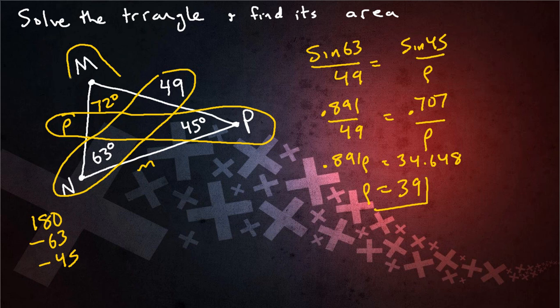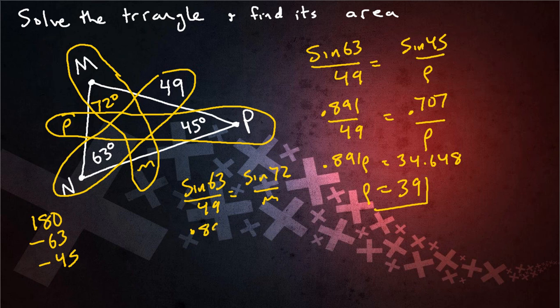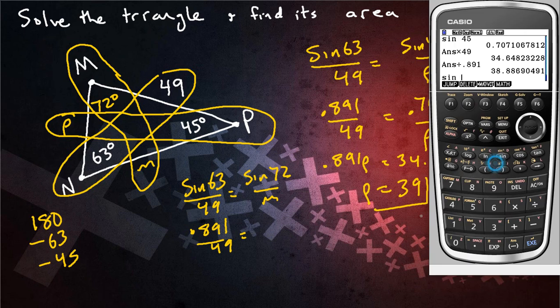Now I'm going to find this one. So it doesn't matter which one I match it up with, but I will match it up with this one. So sine 63 over 49 equals sine 72 all over little m. And sine 63, I already did that, so 0.891 divided by 49 equals, we need the sine of 72.